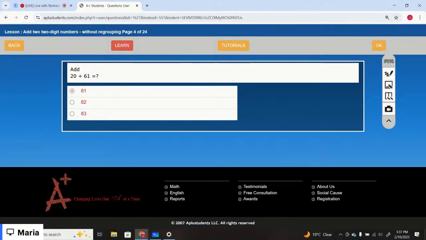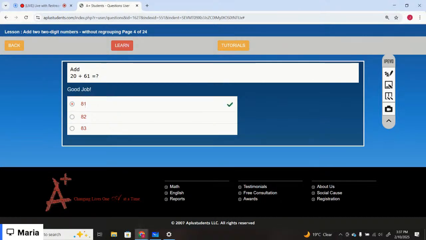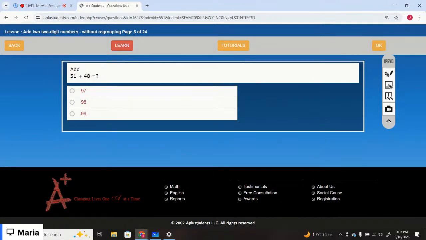Option number 1 is the correct option. 20 plus 61 is 81.